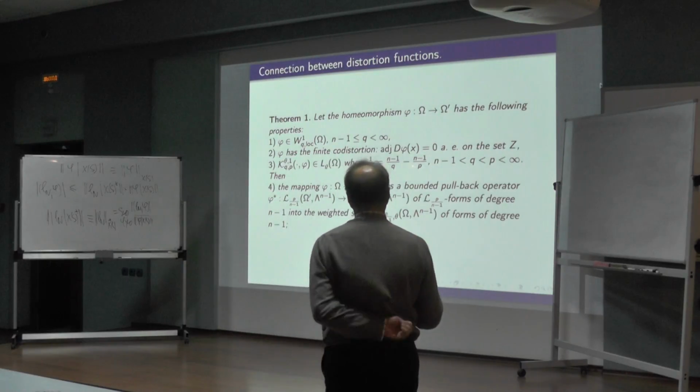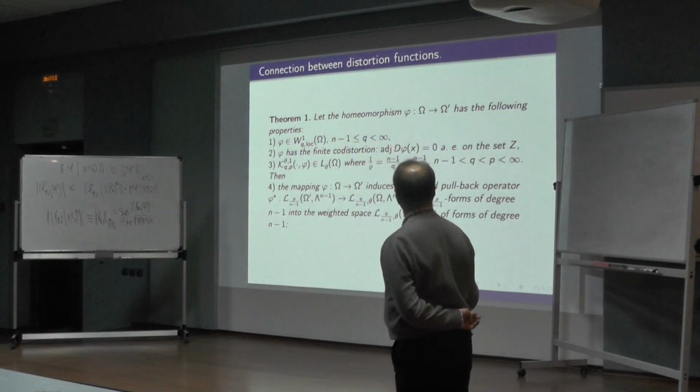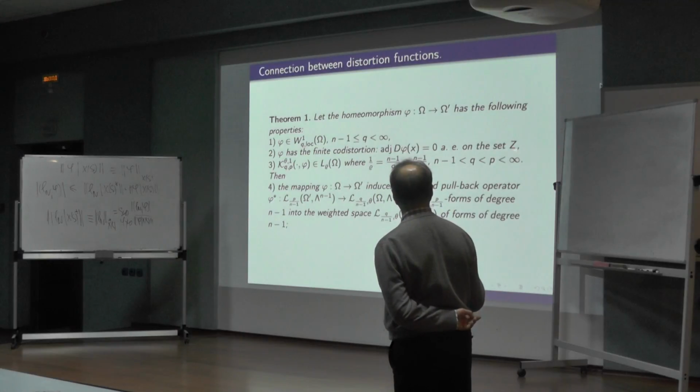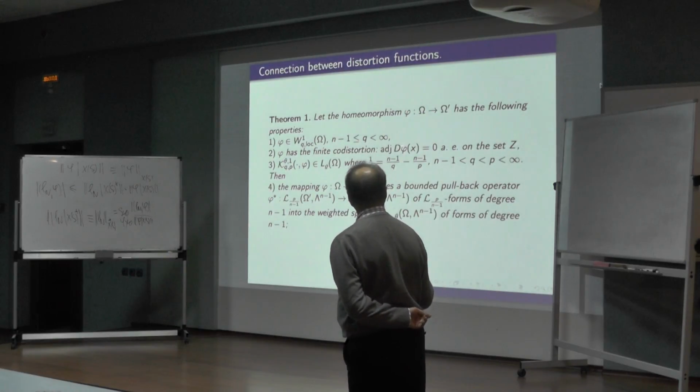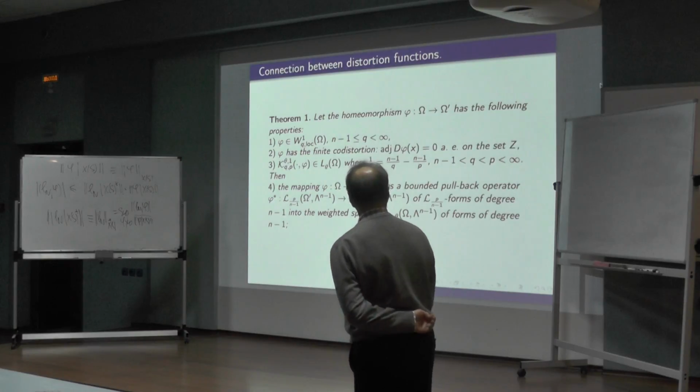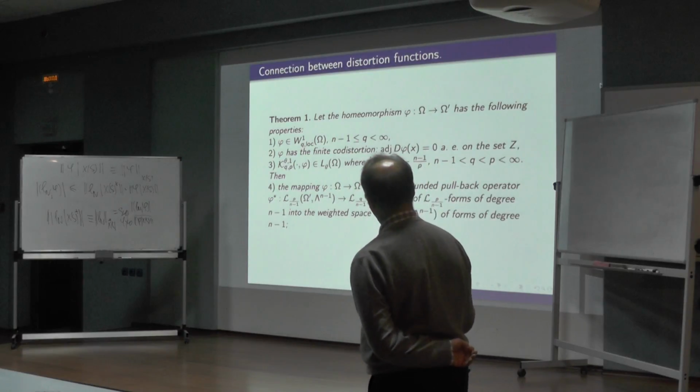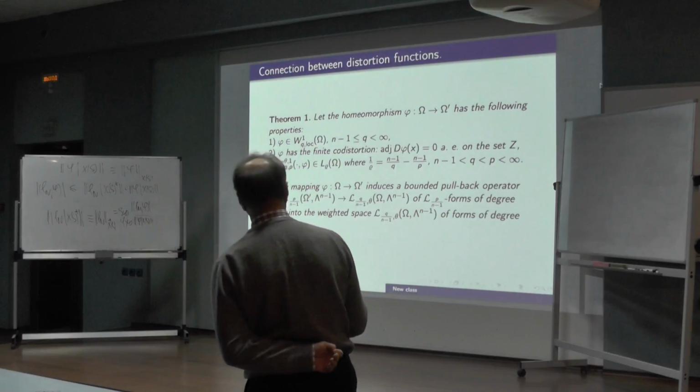It means that the adjoint matrix vanishes almost everywhere on the set zeta. And the distortion function is equal to the power rho, where rho is defined by this equality. We have these three conditions.